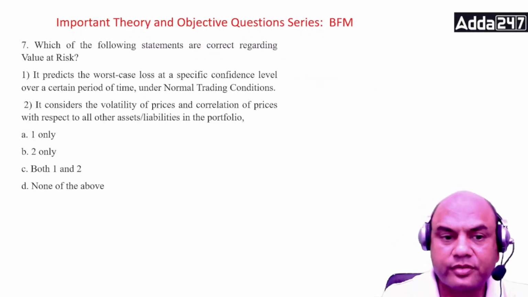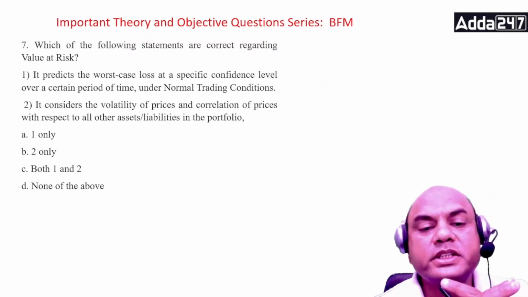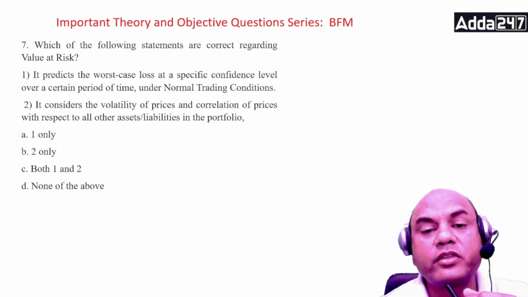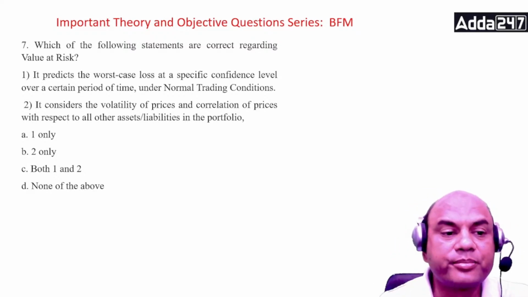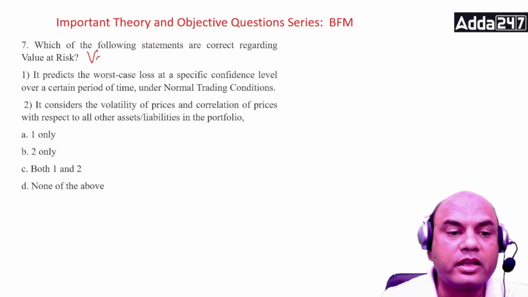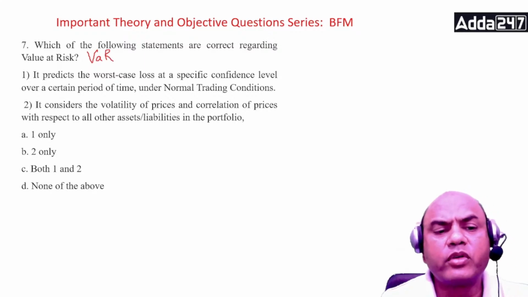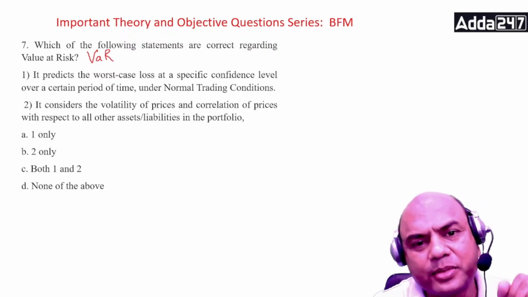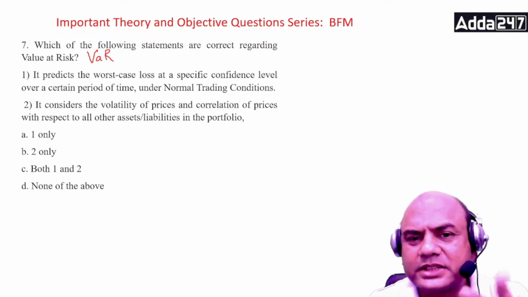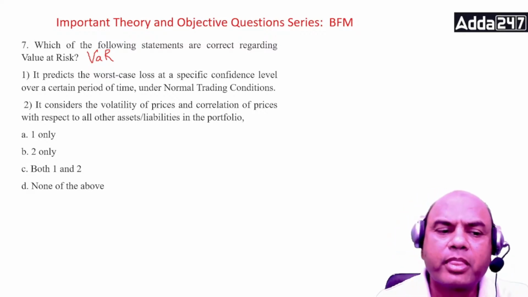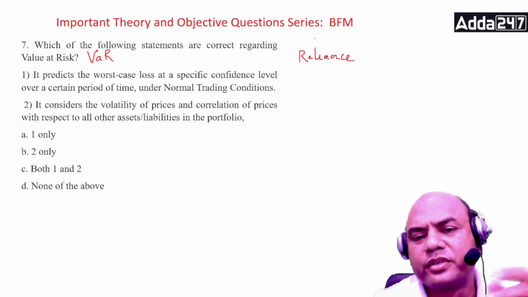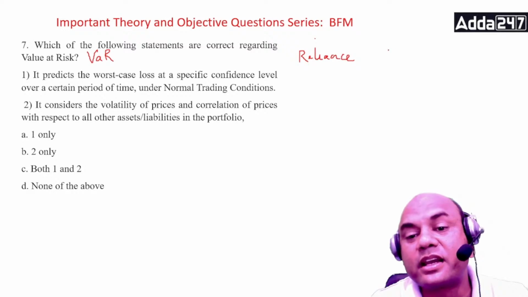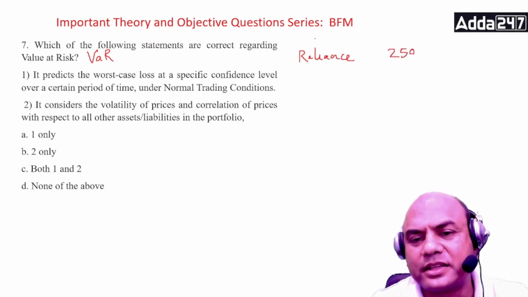Got it? Which of the following statements are correct regarding the value at risk? What is VAR? See, this is called VAR, value at risk. What do you understand by this term VAR? I'll give you a simple example. If you buy a Reliance share, the price of this Reliance share is roughly, let's say, 2500.